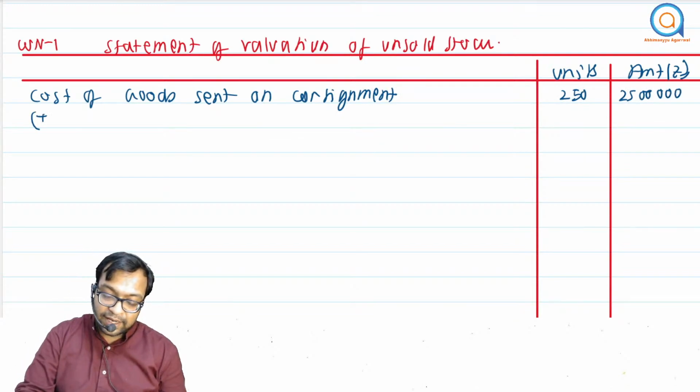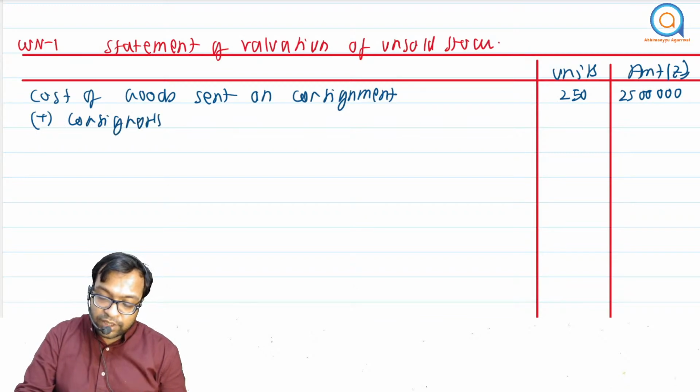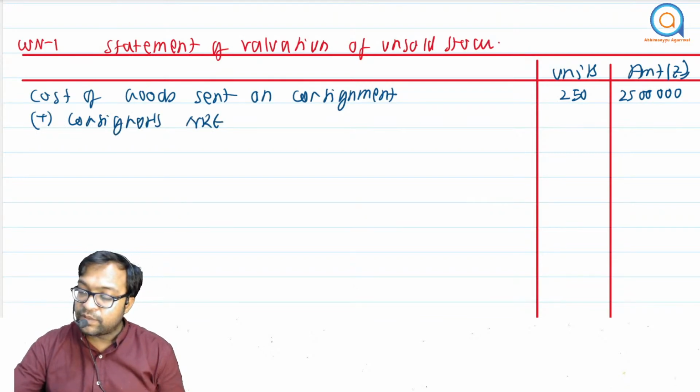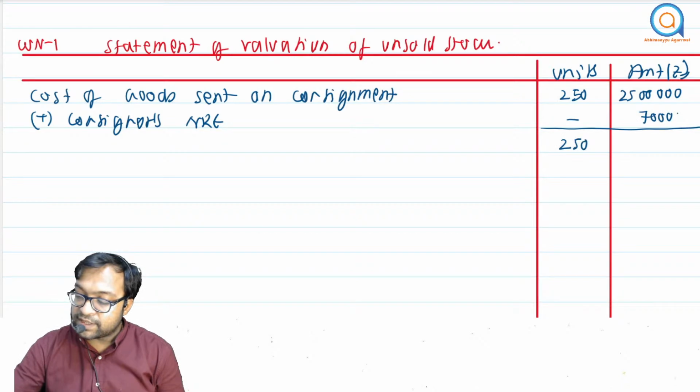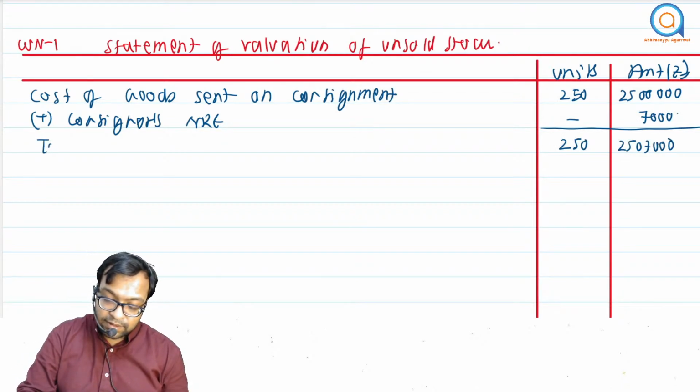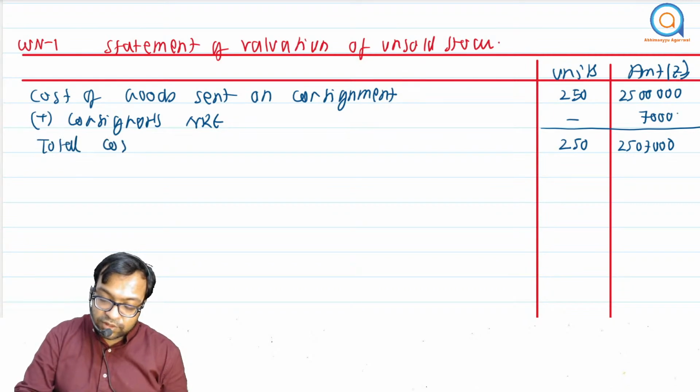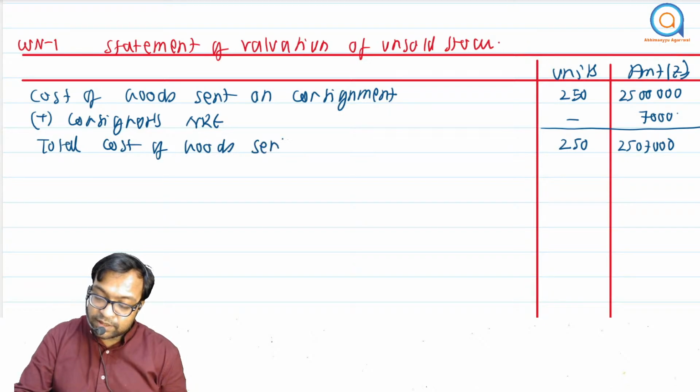Now you should add consignor's non-recurring expense. You can check the sum. Consignor's non-recurring was 7,000. So 250 units ka cost is 25 lakh 7,000. So this is total cost of goods sent on consignment.